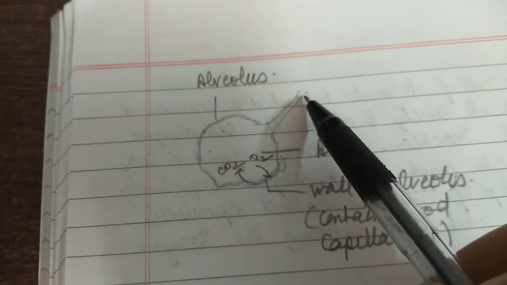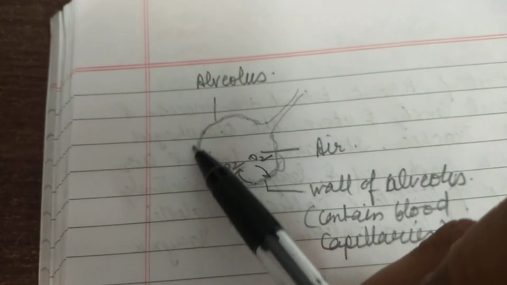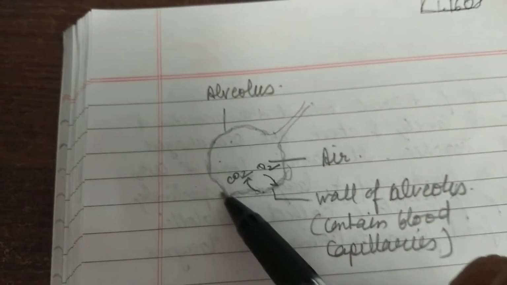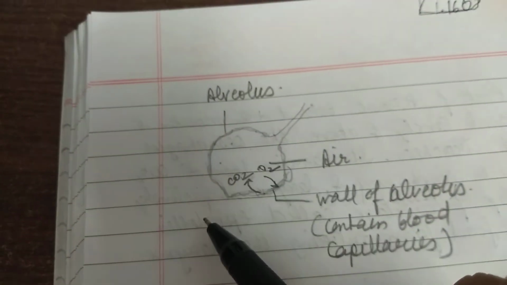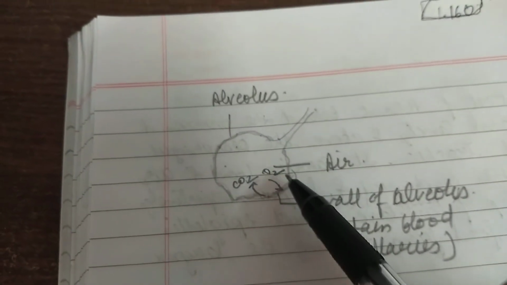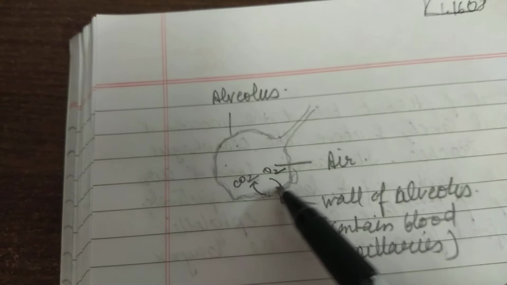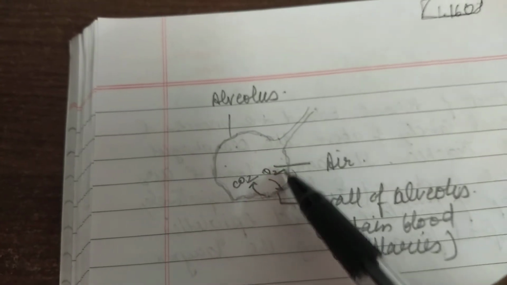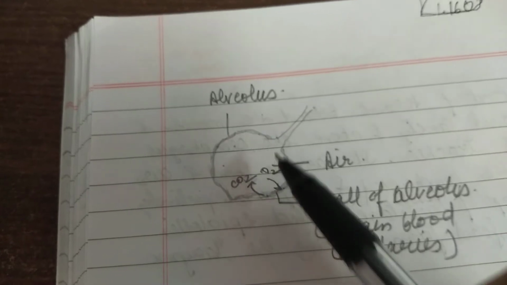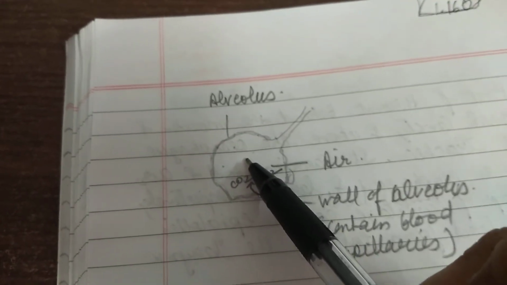So if we study one alveolar sac, or what we call an alveolus, so this is one alveolus. Clear? And its wall is richly supplied with blood vessels and capillaries, right? So that blood brings carbon dioxide from all over the body, right? And here there is oxygen.